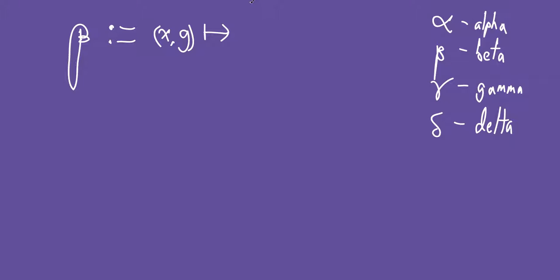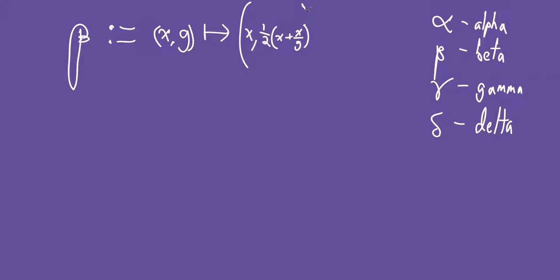And the output of beta is a tuple returning x, never changing it, and it performs some arithmetic on g and replaces g with that. So if you're thinking Java, mutable data, it's just reassigning a value to a variable.